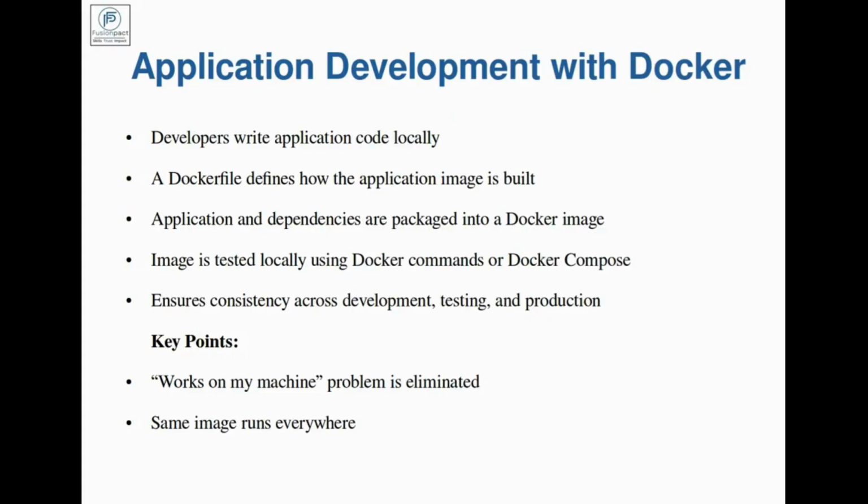Application dependencies are packaged into this Docker image, and we can test this image locally first, and then push those images to the open source registries. From there, our servers can pull those images and deploy them on the server side.